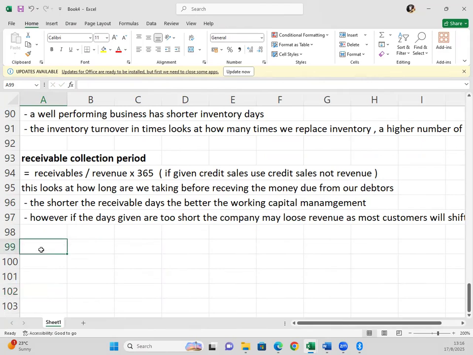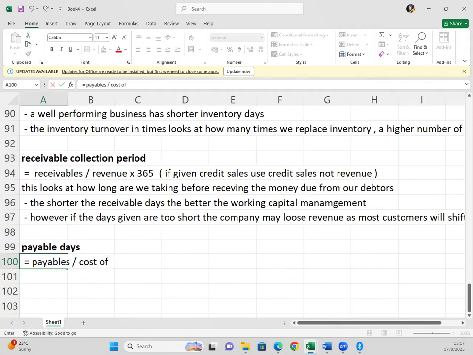Now let's talk about the payable days. After the receivable collection period, we have the payable days. The formula for the payable days, we say the payables over cost of sales, times 365.